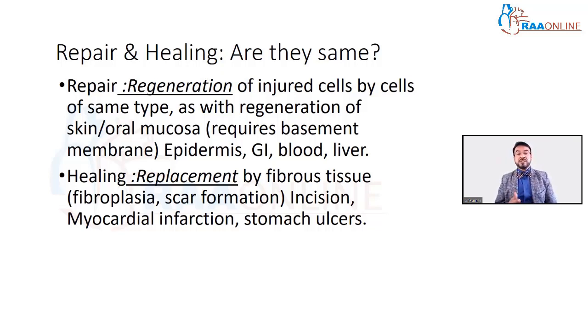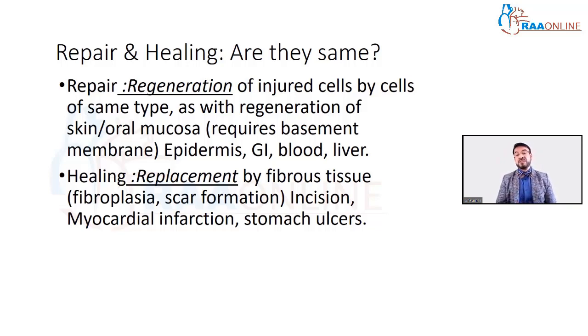Repair is regeneration of injured cells by cells of the same type. Thus, old cells keep dying and new cells keep getting replaced. Now for this, you need a basement membrane. For example, the skin. The old cells of the skin keep dying and falling off, and new cells keep replacing the skin. So the skin has a basement membrane, the basal layer of the squamous cell.